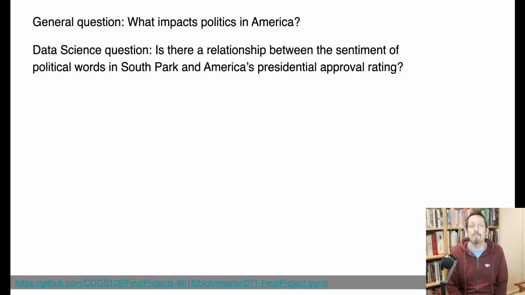So we have to make clear what we're measuring and what the implications are of our investigation. So we refine our question down to the level of, is there a relationship between the sentiment of political words in the cartoon South Park and America's presidential approval rating? Okay?